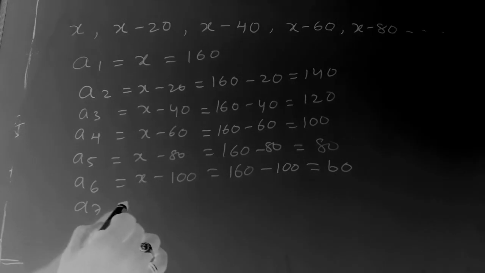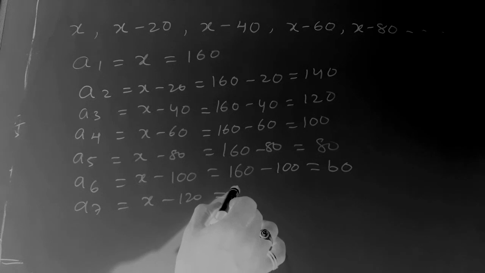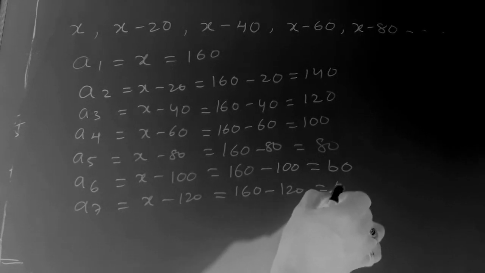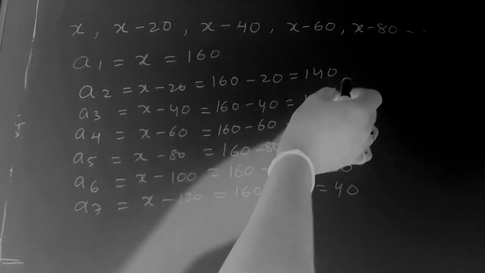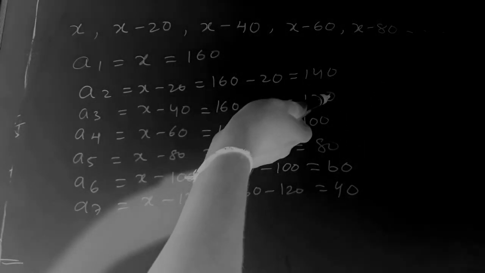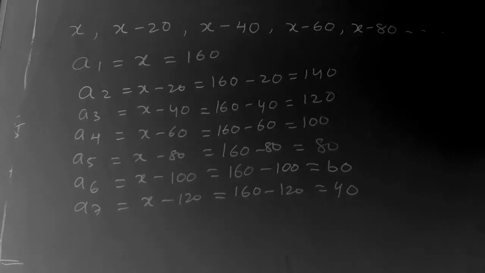The seventh prize will be x minus 120, so that is 160 minus 120, which is nothing but 40. Each prize is 20 less than the previous one: 160, 140, 120, 100, 80, 60, 40. So these are the 7 prizes according to the question.